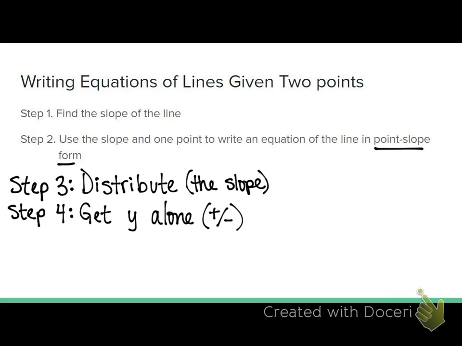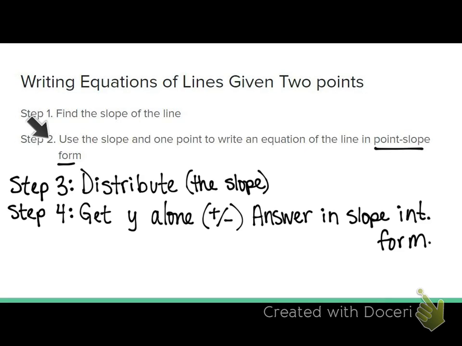And then at this point, your answer would be in slope-intercept form. So if all you need is point-slope form, you could stop at step 2. But if you need it in slope-intercept form, you'd have a couple more steps to take.